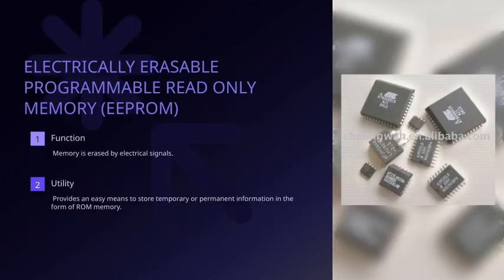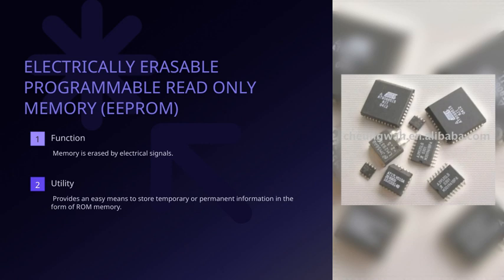Let's take a closer look at EEPROM, which stands for Electrically Erasable Programmable Read-Only Memory. One of its key functions is that its memory can be erased using electrical signals, making it quite versatile. This means you can update or modify the data stored there without having to replace the chip itself. In terms of utility, EEPROM provides an easy way to store both temporary and permanent information.